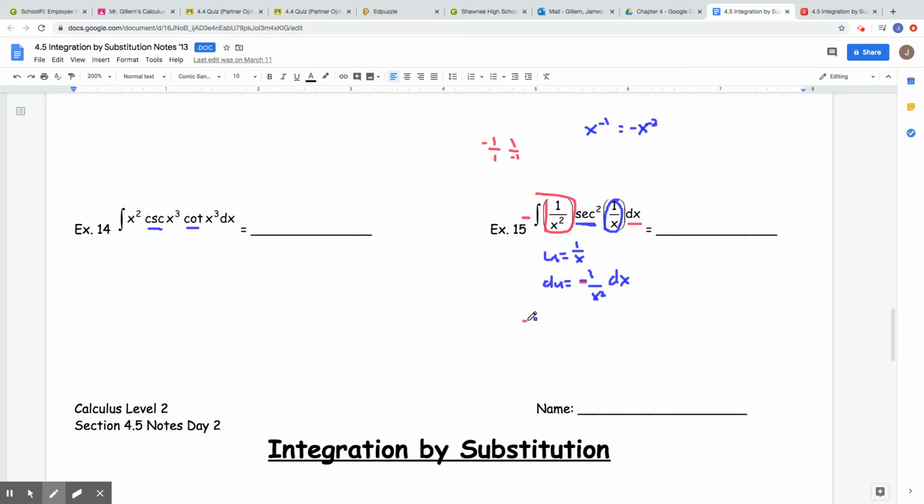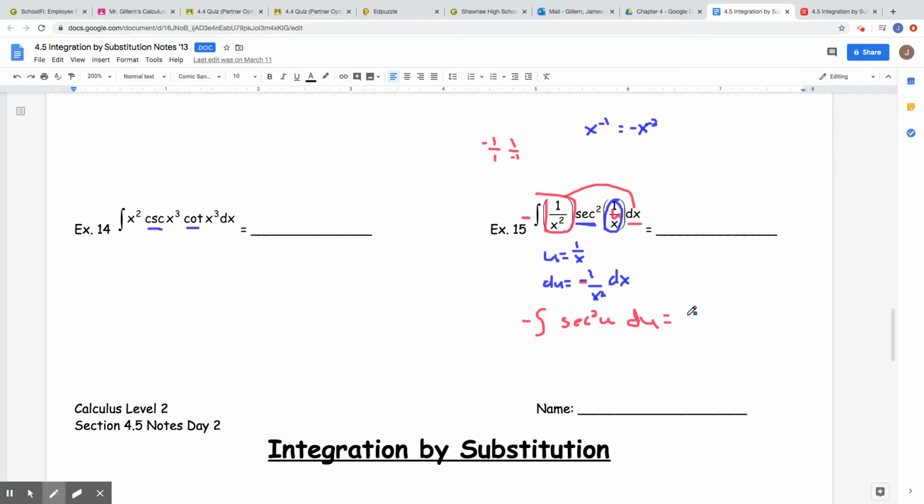So to rewrite this, it's negative integral. This and this are my du. And then secant squared u, right? Because this is u. So the integral of all of this just turns into a nicely easy integral. So when I integrate, I get secant squared.